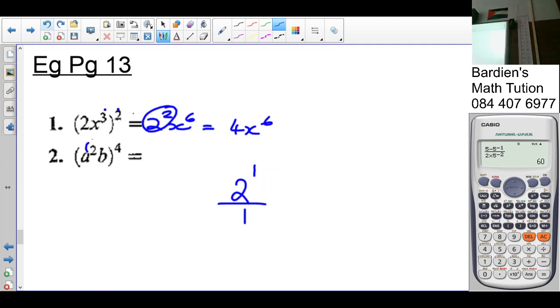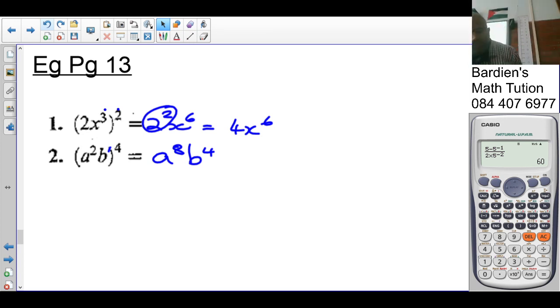Remember, there's a 2 here. 2 times 4, 8. It's an 8. A to the 8. B to the 4. The 1 times 4 is 4. You understand? Any confusion? No. Okay. Keep it that way. Don't get confused now.